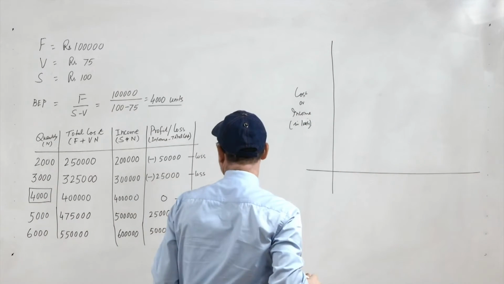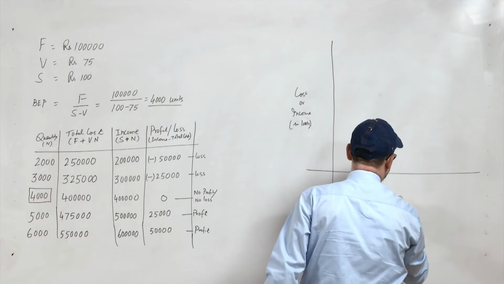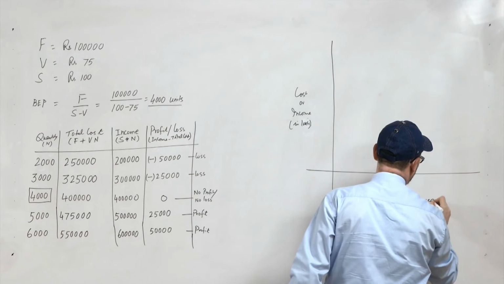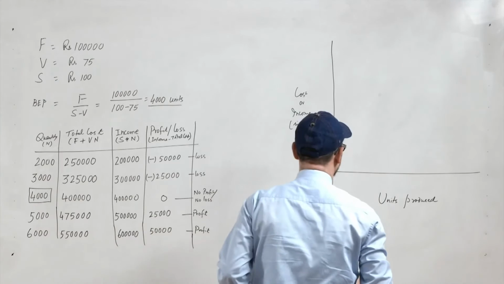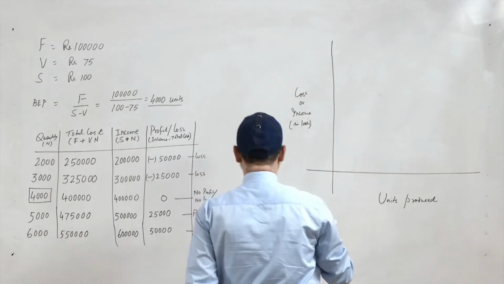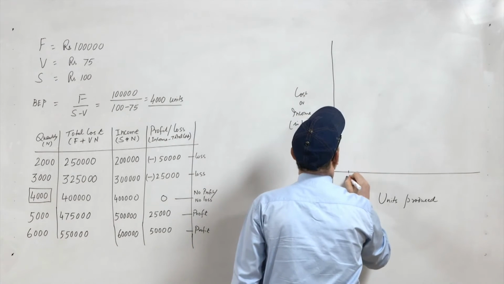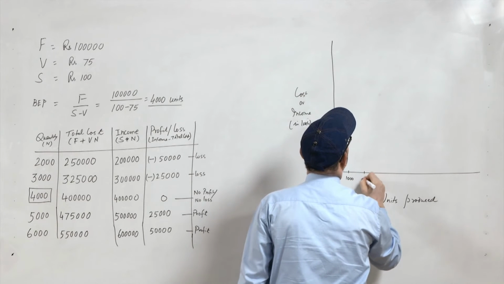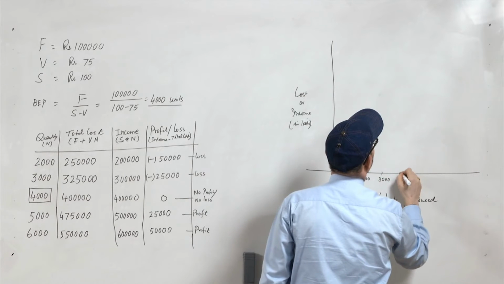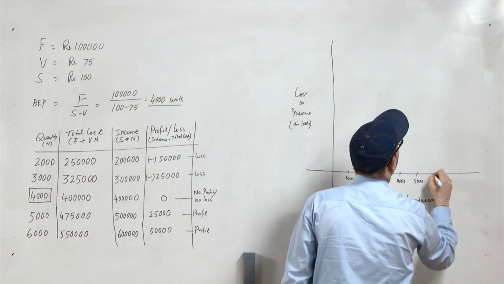And then on this side we have units produced. Now, in this case, if we take the units, suppose we start from 1000, 2000, 3000, 4000, 5000 and 6000.